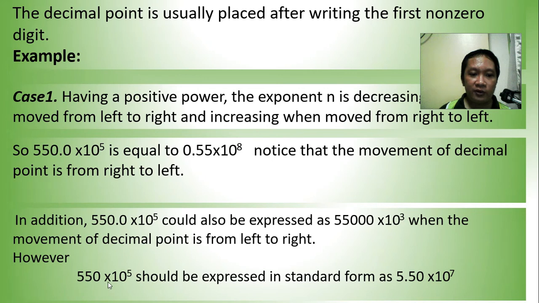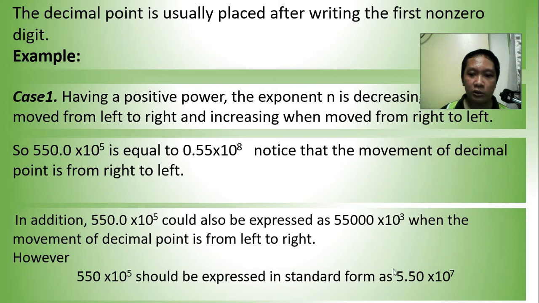However, 550.0 times 10 to the power of 5 should be expressed in standard form. As we mentioned, the decimal point is usually placed after the first non-zero digit, so it should be moved and written after the first non-zero digit. It's understood that the decimal point is located here, so we have to move 1, 2.